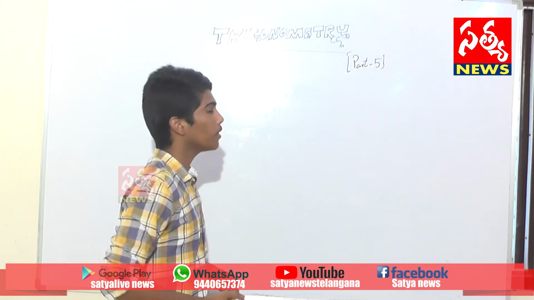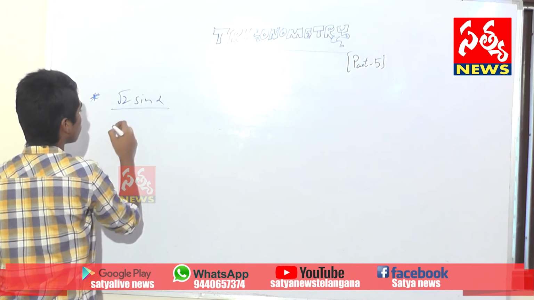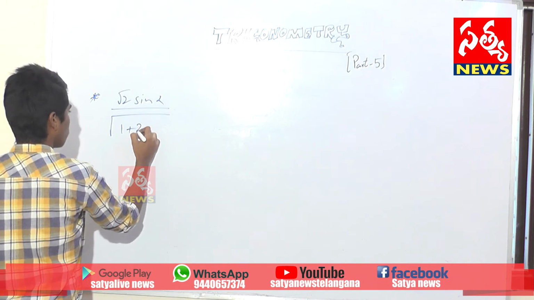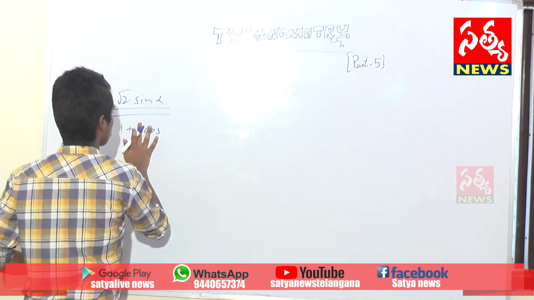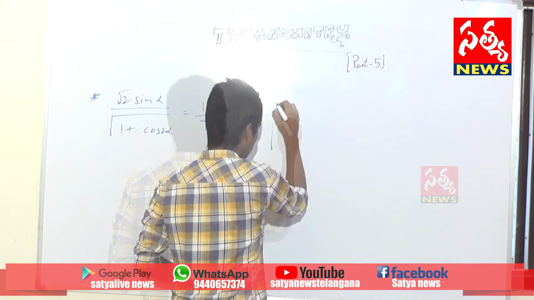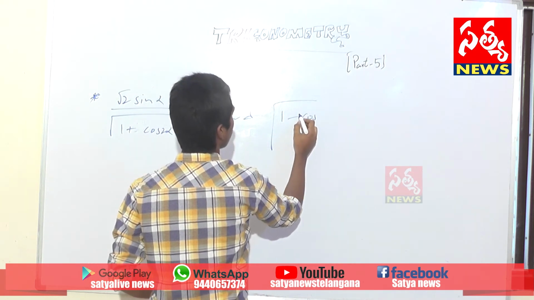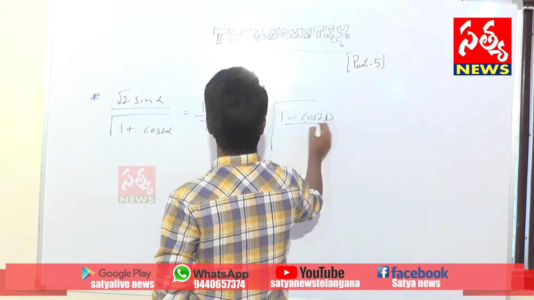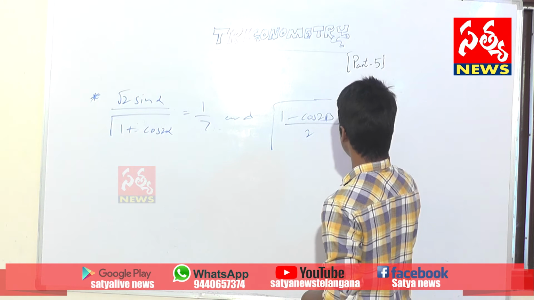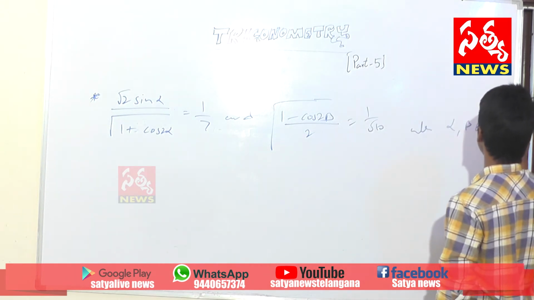And the last problem for today: root 2 sin alpha by under root 1 plus cos 2 alpha is equal to 1 by 7, and under root 1 minus cos 2 beta by 2 is equal to 1 by root 10, where alpha and beta belong to 0 to pi by 2.